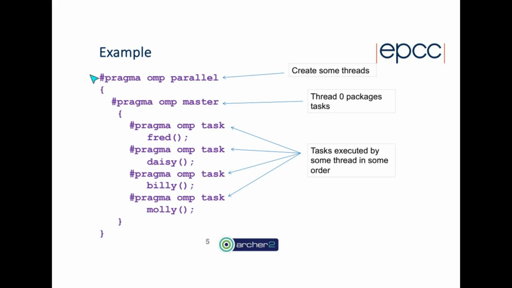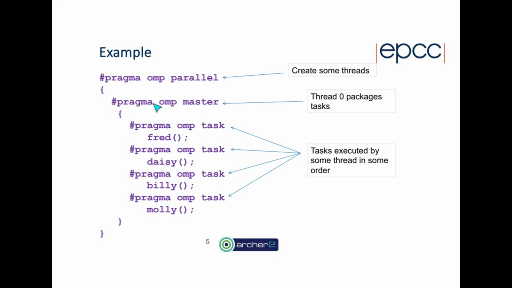So inside a parallel region, one thread only encounters all the task constructs. Here we've got 4 function calls, each of which has a task directive on it. That identifies those 4 function calls as independent tasks for execution.